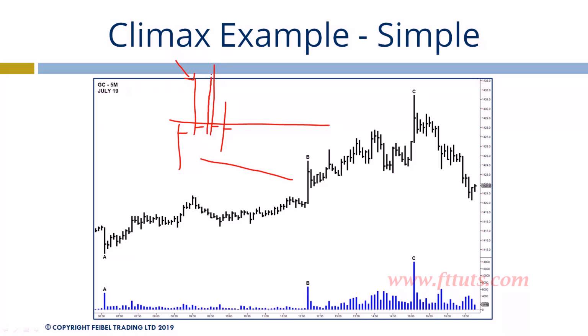Buyers drive it up to the highs, bang, sellers come in, closes back under. Buyers drive it back up, bang, sellers come in. So the sellers on these bars are having an effect. Although they're making higher prices here, they are capping upside progress, and we are closing all in the area of the climactic bar. Again, this is no follow through in the direction of the climactic bar.